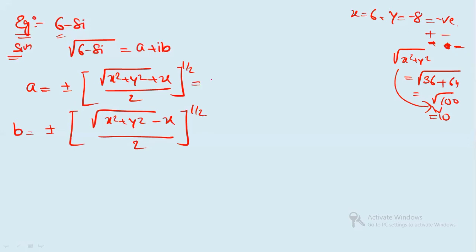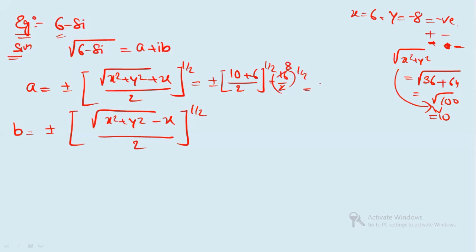So directly we will use here plus minus. This will give you 10 plus 6 divided by 2, whole to the power 1 by 2. So this is 16 by 2 whole to the power 1 by 2, and you can cancel it: 2 8s are 16.